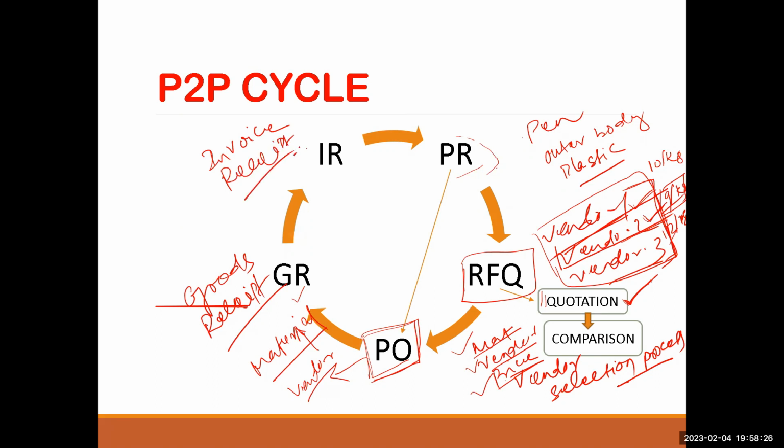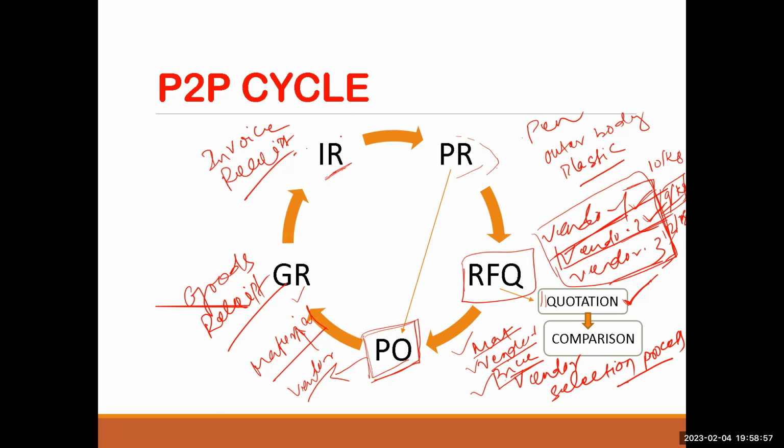In the invoice, normally they provide all the components: the material price, the delivery charges, GST and any other taxes. They add all the things in the invoicing process and send an invoice. You have to enter that invoice in your system. Once you enter that invoice in your system, our P2P cycle is completed.